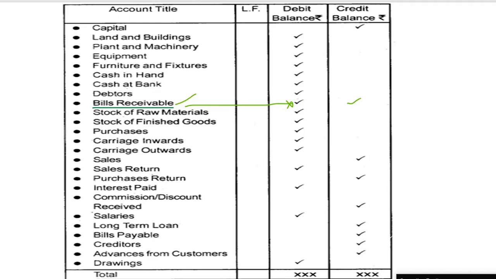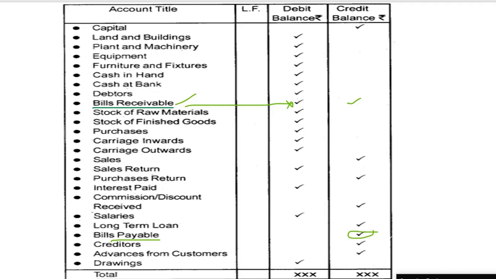In the same way, bills payable means the bills which are to be paid by others to us, that means others are going to pay the bills for us, so those are called bills payable. So bills payable will come under the credit side and bills receivable will come under the debit side. Next, stock of raw material.